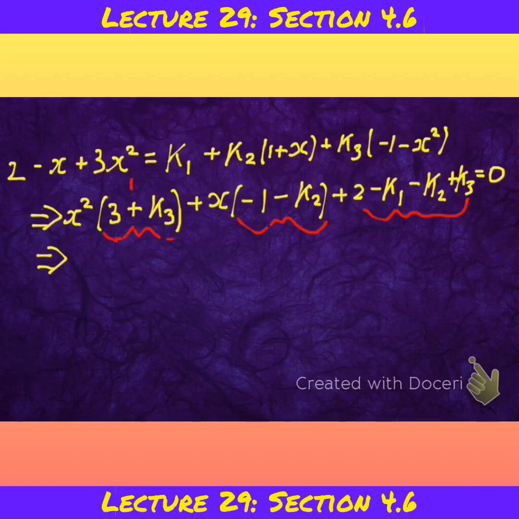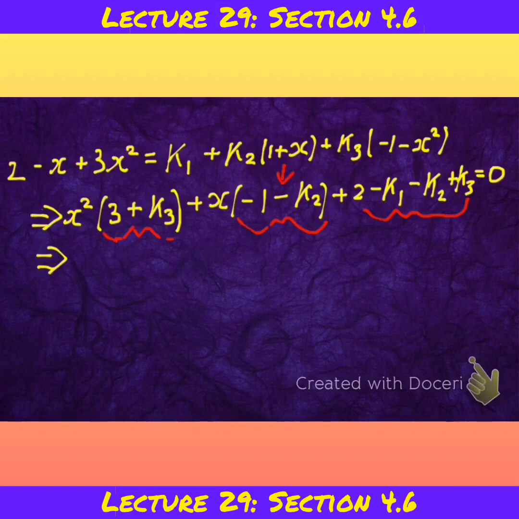Because if this value is not 0, then you're going to have a polynomial on the left-hand side of degree 2 equal to 0 for all values of x, and that is impossible because a polynomial of degree 2 can have at most 2 roots. But in this case, the polynomial would have infinitely many roots, which is impossible. So therefore, that has to be 0.